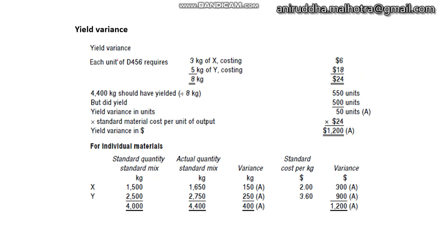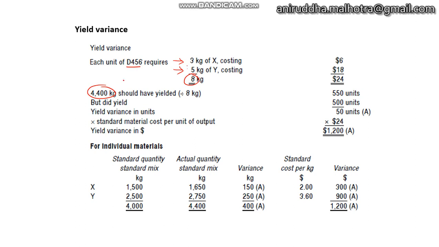In this case, first of all, let's remember the original production as per your standard mix was how much? It was in the ratio of 3:5. That means we were using a standard mix of 3:5, that is 8 kgs to produce 1 unit of D456. Now, how many kgs of X and Y have we used in total? We used 4400 kgs.